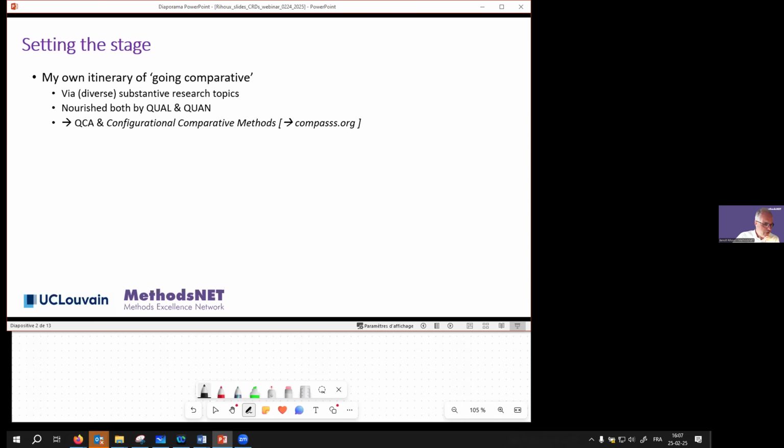I was also initially trained both in qualitative and quantitative methods, and somewhere at the interface between these two I could locate myself as doing systematic comparative research, because doing qualitative work usually entails working on very few units, typically the single case study, and in quantitative I was mostly trained in survey research, and survey is much larger N, but then it's not case informed anyhow.